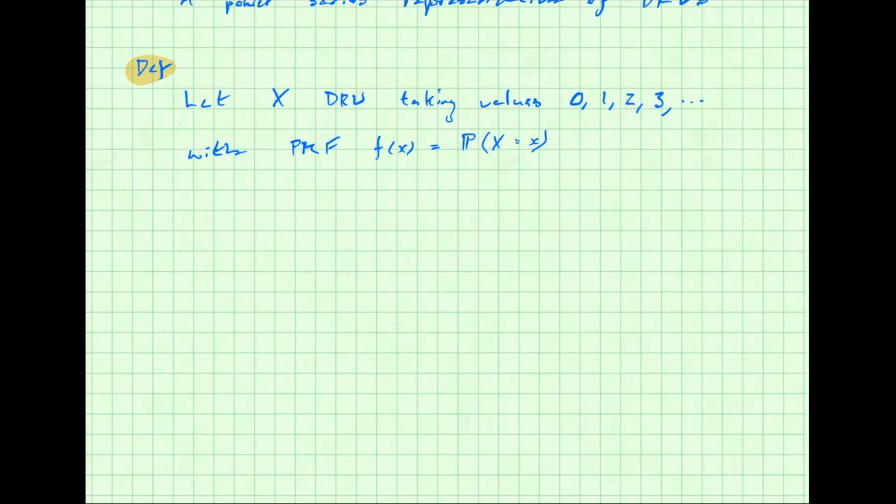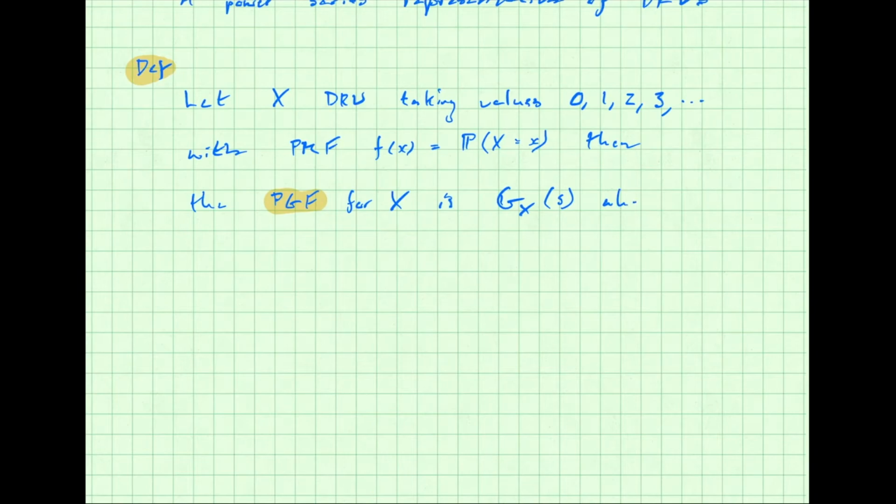Then the definition. The PGF for X, and we'll highlight this because this is what we're defining, has this funny notation: capital G with a little line on the side, subscript capital X, and then it has an argument usually called s, lowercase s.